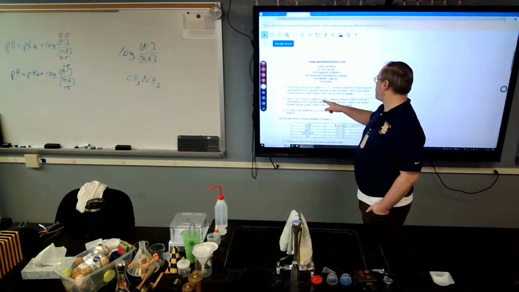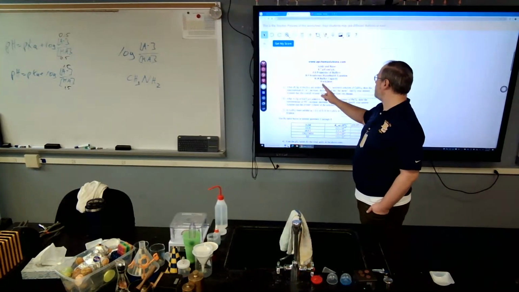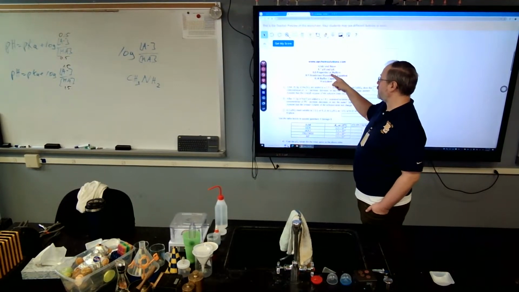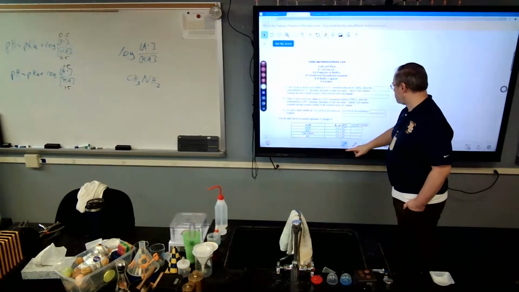If sodium chloride is added to a liter of a saturated solution of lead chloride, does the concentration of the lead increase, decrease, or remain the same? Again, it's just a throwback to equilibrium. Take a look. Make a decision.